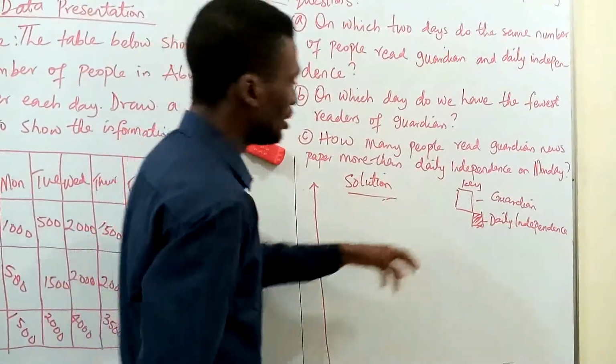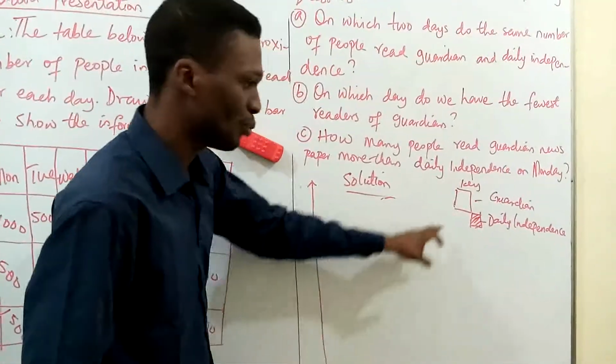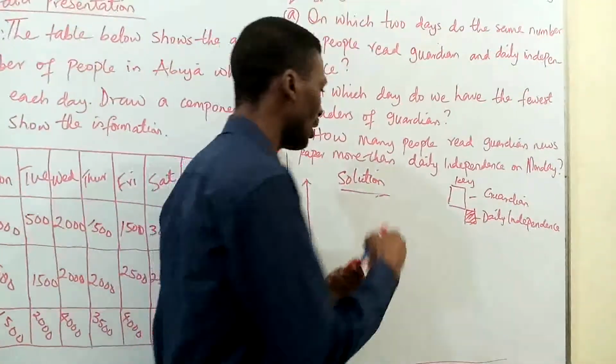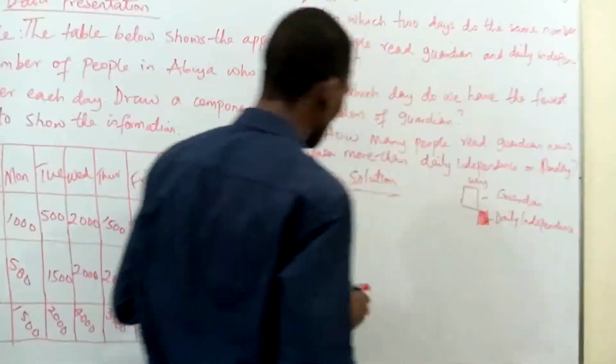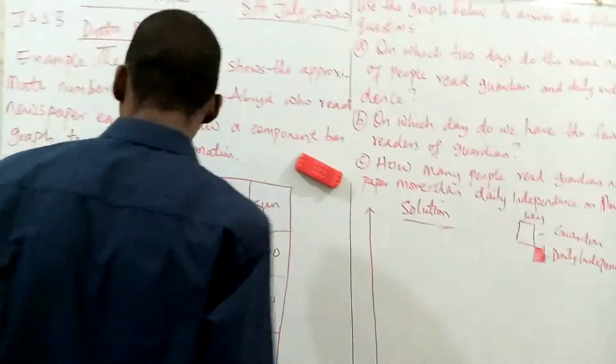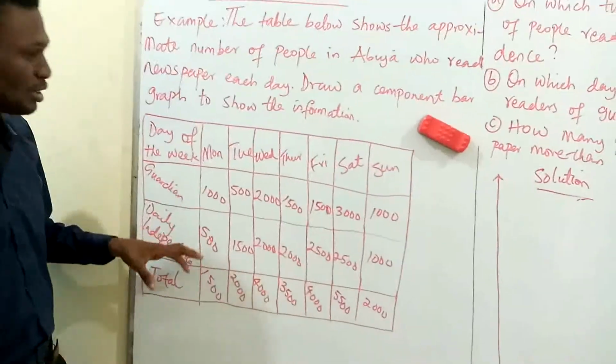So any unshaded bar we have here will represent the Guardian newspaper, but any shaded bar should represent the Daily Independent newspaper. We're going to represent this table now in our component bar chart.